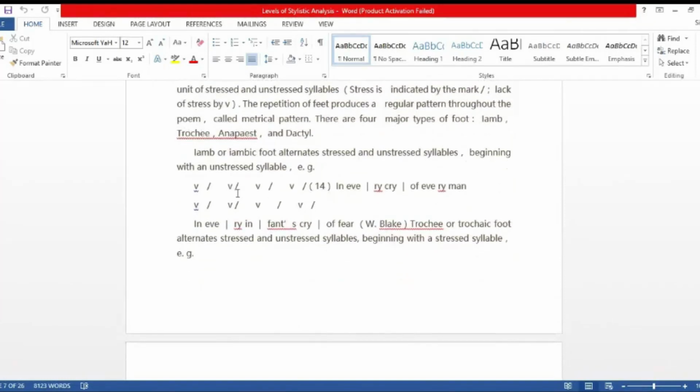अब फुट की 4 किस्में हैं, ठीक है, उसी से आपको पता चलेगा कि फुट के अंदर क्या है.